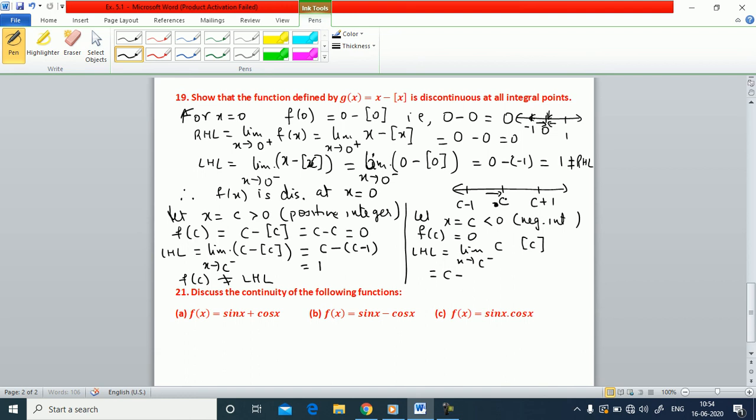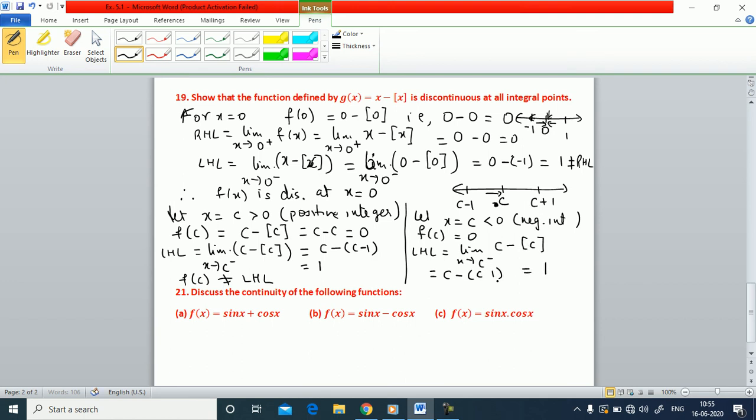We are defining it as a negative integer, so the number includes that negative sign. Again the same calculation you will get. On the left of c, the preceding integer is c minus 1. So the greatest integer function when x is approaching c from the left side will be c minus 1.